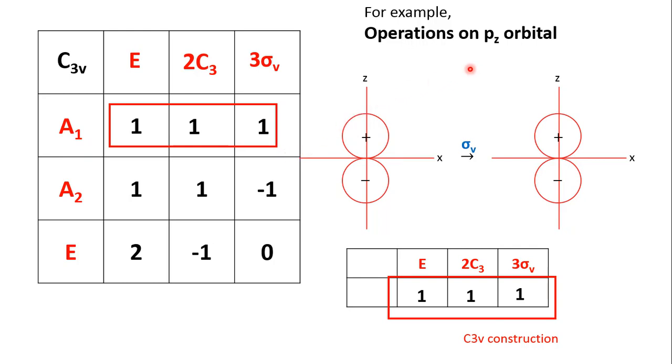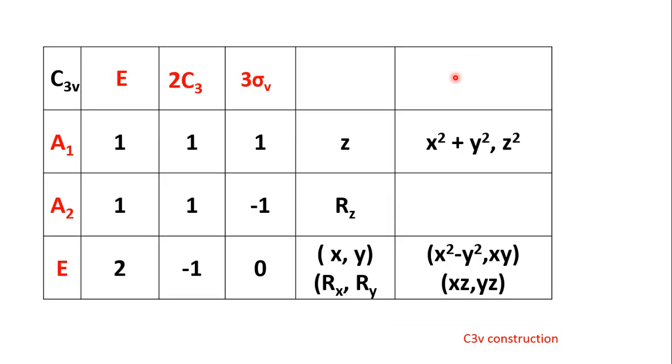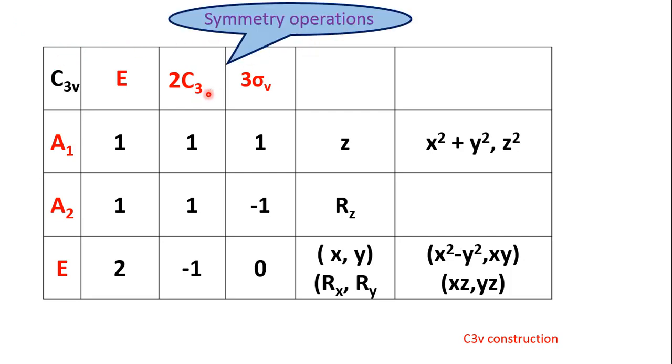Likewise, we have to perform the operations on the remaining orbitals and rotation vectors, and write down the results as we get it here. Now this is the complete character table. Here C3v is a point group, and E, 2C3 and 3 sigma v are symmetry operations. You can call it 3 classes also.